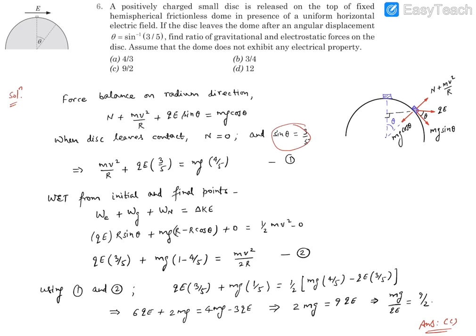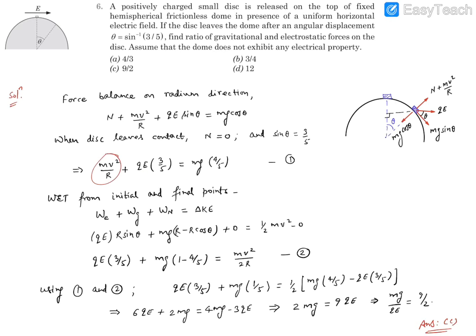When sin theta is 3 by 5, we can find cos theta as well. So this will become mv square by r plus QE times 3 by 5 is equal to mg times cos theta, which is 4 by 5. You can find this using a triangle. So we got one relation between electric force and gravitational force.